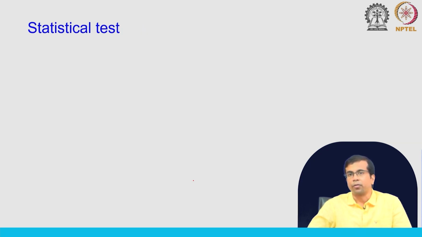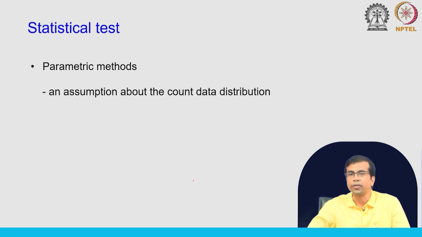So let us now talk about the statistical test that we do. We can have parametric methods and non-parametric methods. If you are not aware of them, I'll just mention. In parametric methods, there is an assumption about the underlying data.